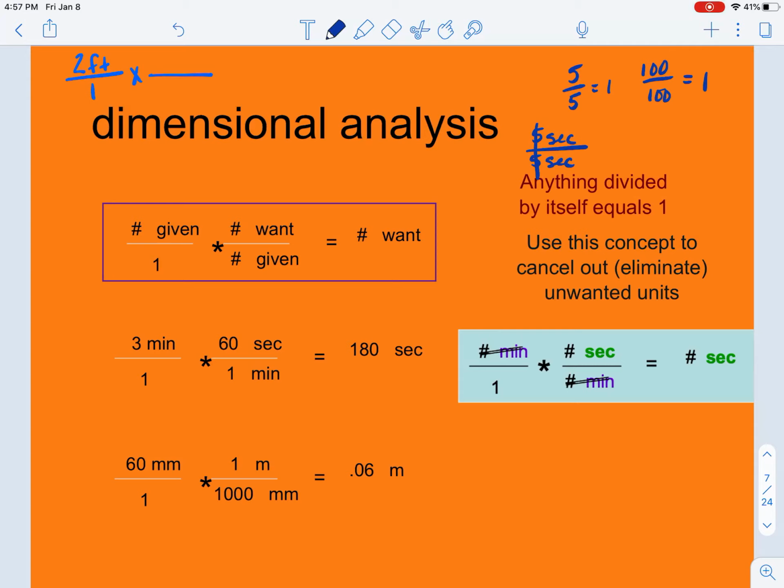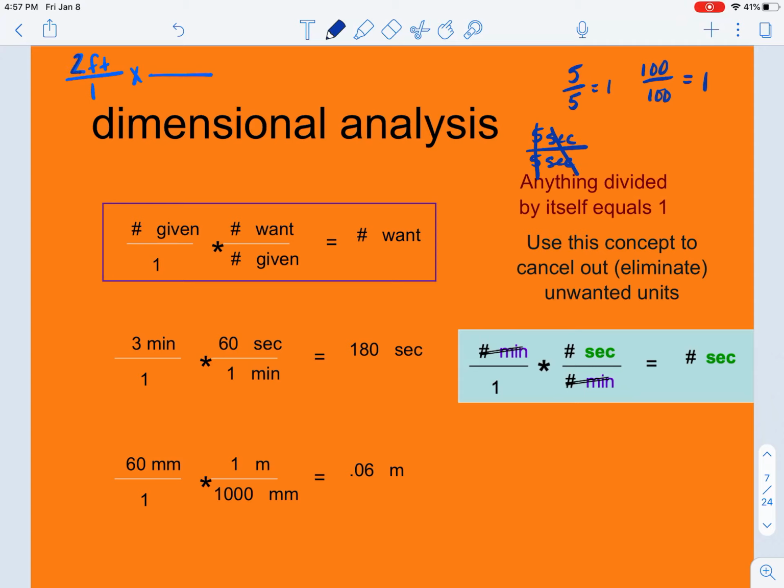And since we are multiplying fractions in dimensional analysis, if I multiply anything by 1, that number doesn't change. So in other words, 5 times 1 is 5. 10 times 1 is 10, right? So we are going to take this concept of dividing by itself and apply it to our dimensional analysis.